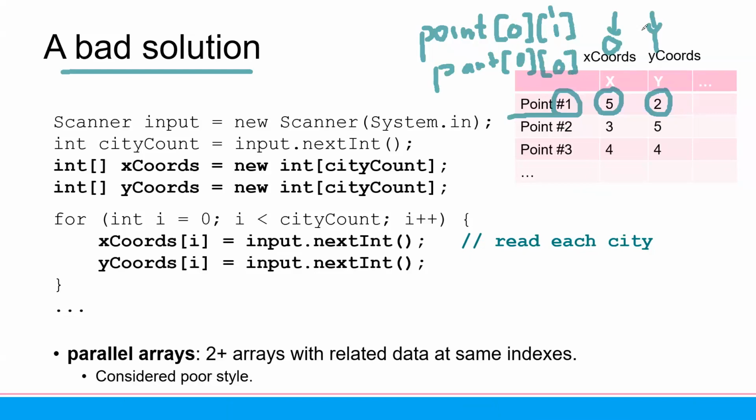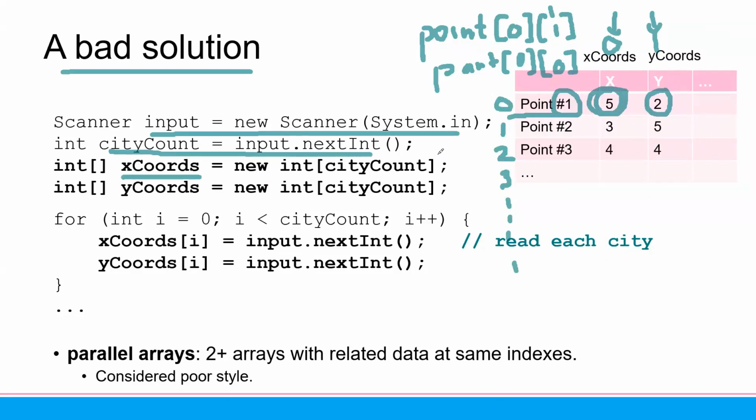For example, I'm going to get the input from the users, and I would like to know how many cities I want to input, and then I put the x coordinates. For the x coordinates, I know that it is index 0, index 1, index 2, index 3, and so on. If the x coordinate is in index 0, then it is the x of the city at index 0.